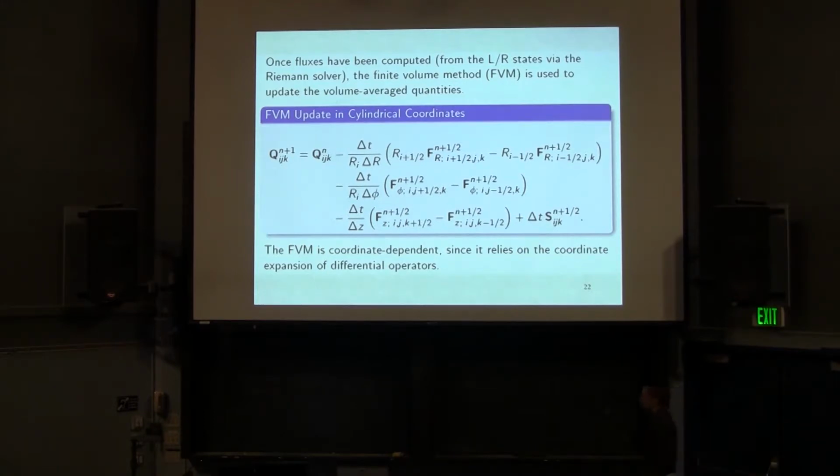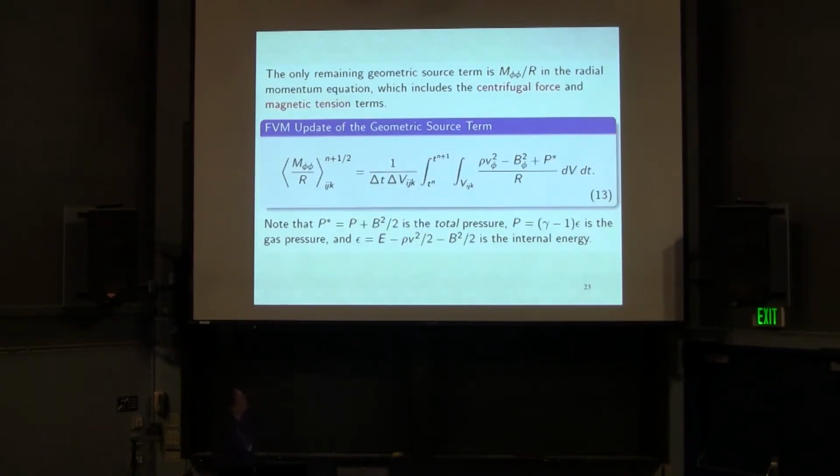So now we need a second-order accurate estimate for the time and volume averaged source terms. That's going to be a bit tricky. So how do you do that? Well, explicitly, what you need is this quantity m phi over r averaged over the time step and over the volume of the cell. So it's this quantity here.